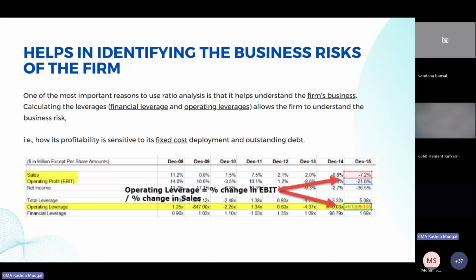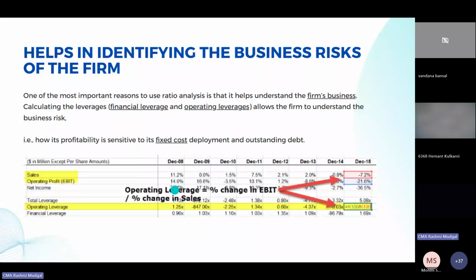Business risk totally depends upon the profit we are making by manufacturing a particular good or service. Okay, so how sensitive its profitability is to the fixed cost deployment and outstanding debt.